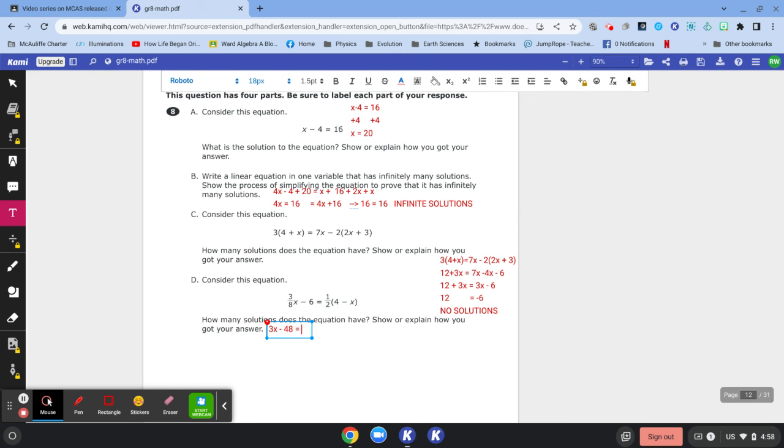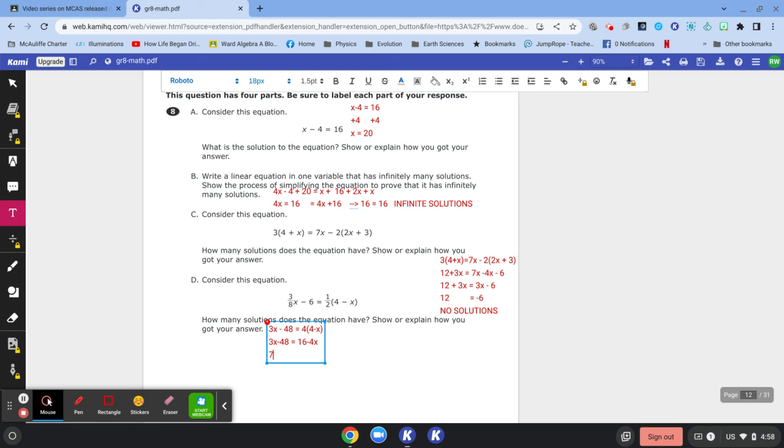And that's going to equal, so I'll do 8 times 1/2, which will be 4. And that'll be still times 4 minus x. And I've got 3x minus 48. And I have to distribute the 4. So that's 16 minus 4x. And I'm going to add 4x to both sides.